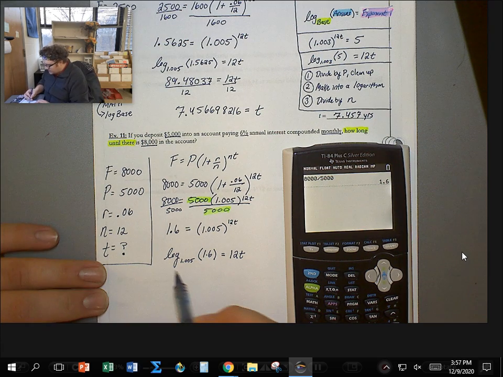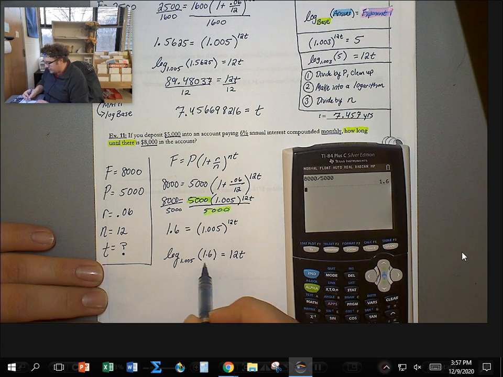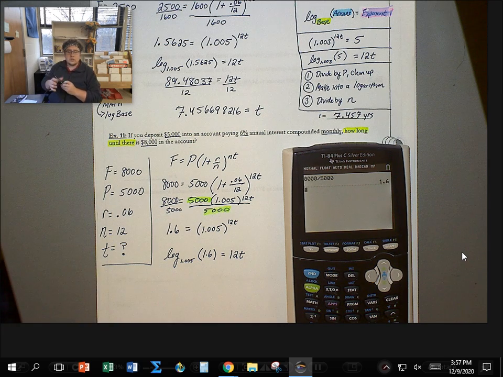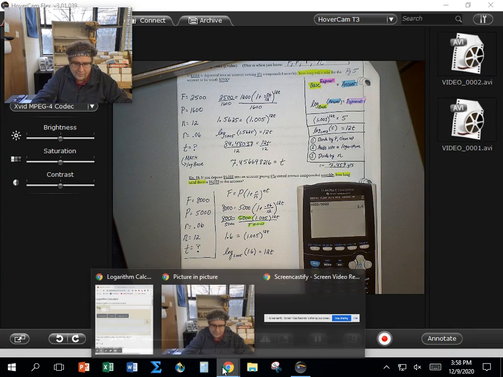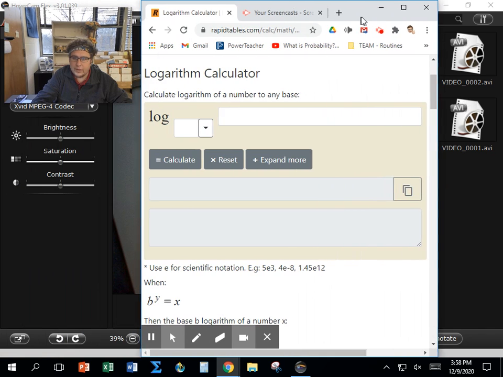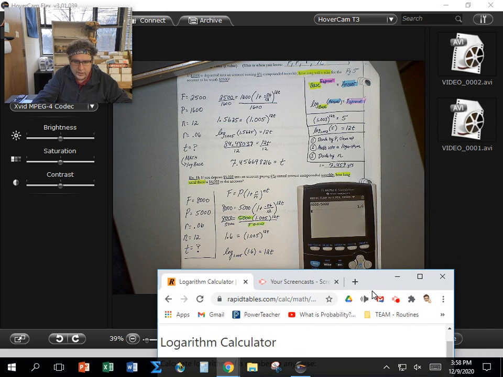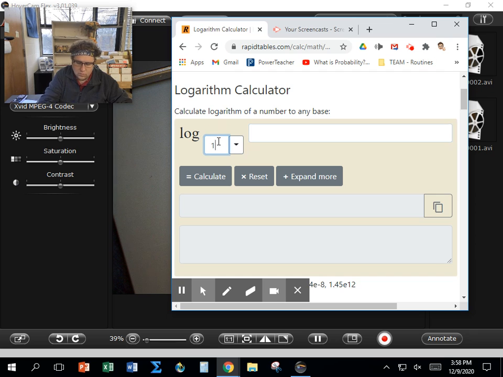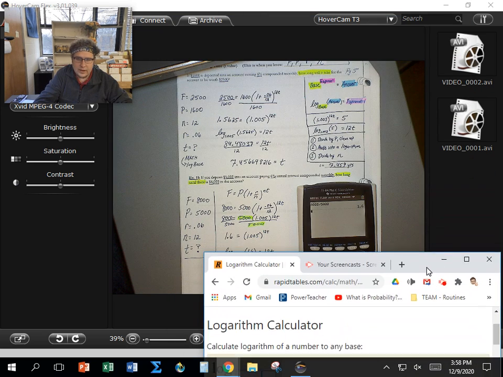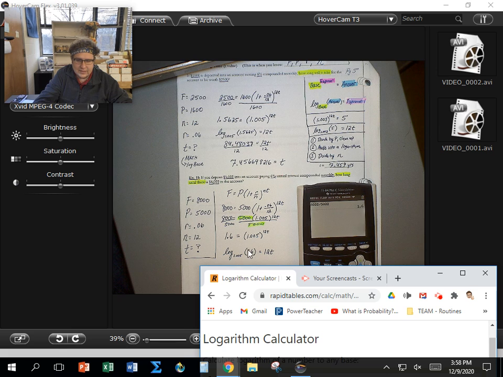Okay, so this is the part where we got a little stuck in class today because we don't all have the same calculator. So on this slide in Desmos, there's a link to a logarithm calculator. Now I happen to have that up right here, so I'm going to pull that over, and this is where you're going to put your base, and that's where you're going to put your answer. So over here we see 1.6 and 1.005. The base was 1.005, and then 1.6 right there.